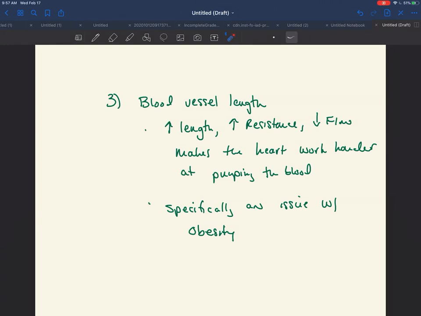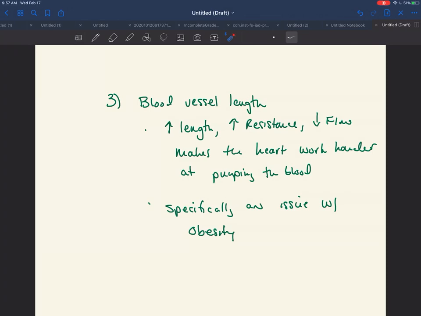Children have less resistance in their blood vessels because they're smaller, and as we grow older, we get more resistance because our blood vessels become longer. If we are very big, for example overweight or with obesity, that is going to cause a problem.